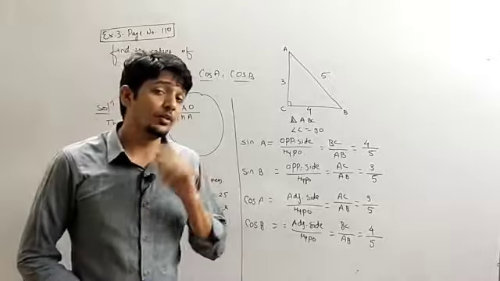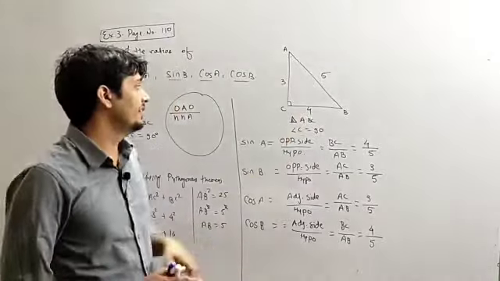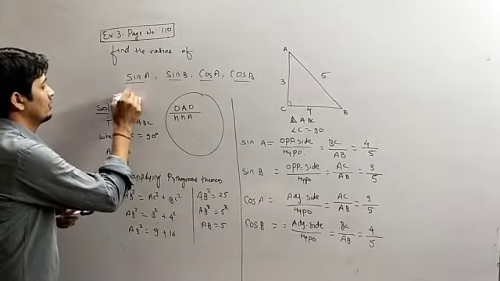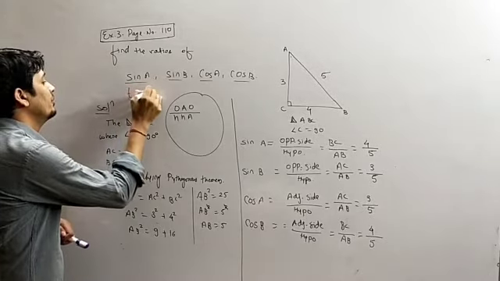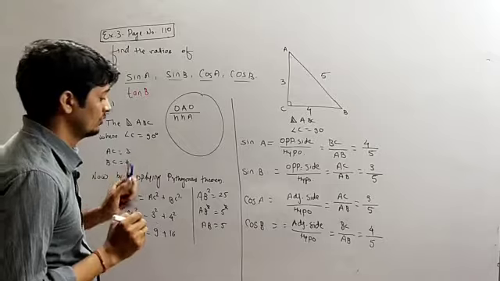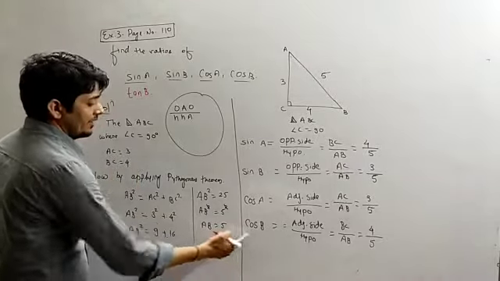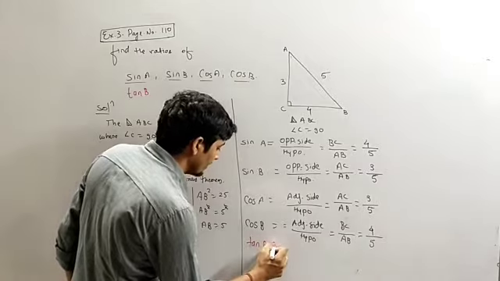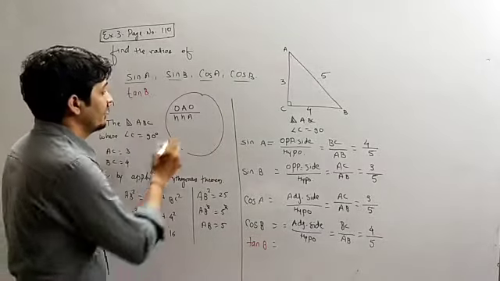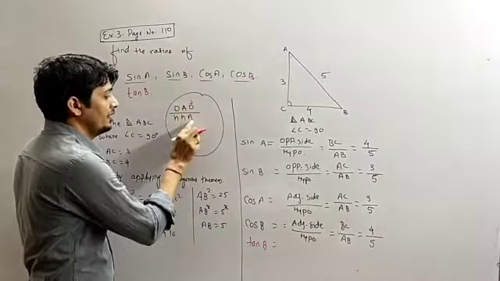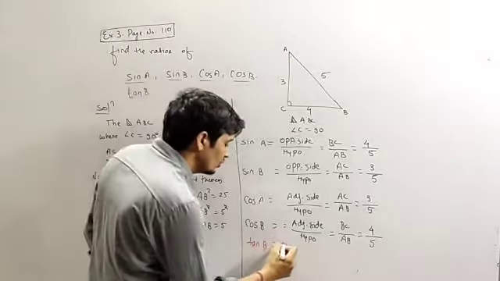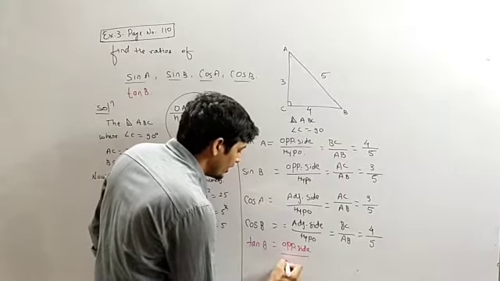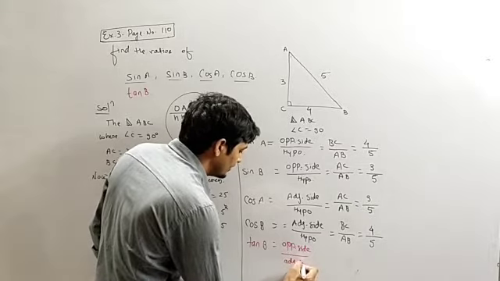So we have to write one more ratio for tan B. What is tan theta? Tan theta is opposite side divided by adjacent side.